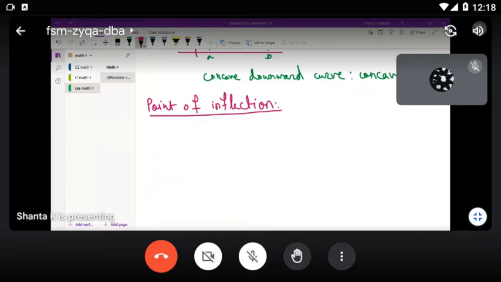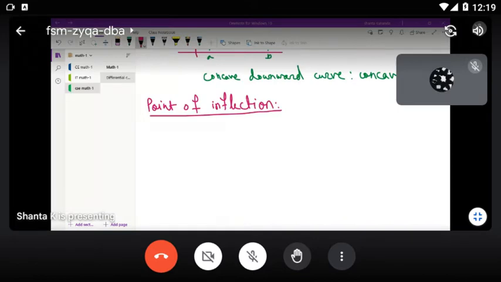No, ma'am, this is not the sufficient condition. We need a few more conditions. One is double derivative is zero, and it changes from concave downward to concave upward, or the other way, concave upward to concave downward. That means the tangent changes its sign. And the last one is there is no maximum and minimum at that point.